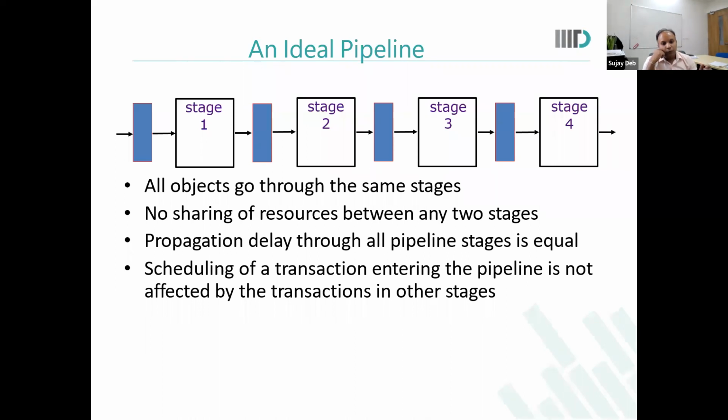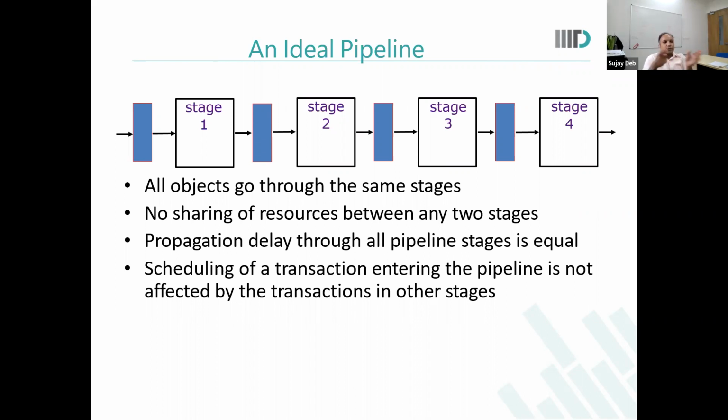Now, if you look at the conveyor belt which is carrying these cars, as soon as the car from the first stage moves to the second stage, a new car occupies that first stage, and the subsequent cars move forward. So this is the basic concept of a pipeline, and here we have shown in an ideal manner how a pipeline is generally implemented.